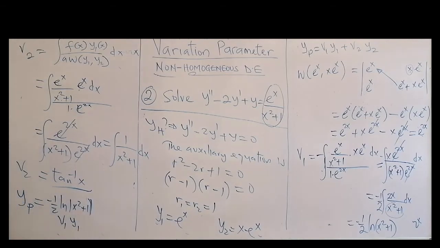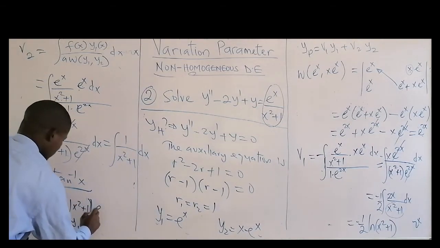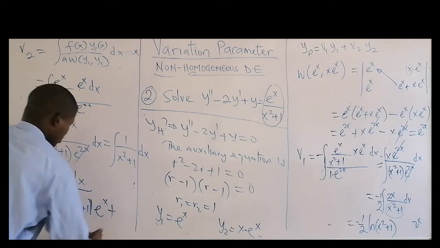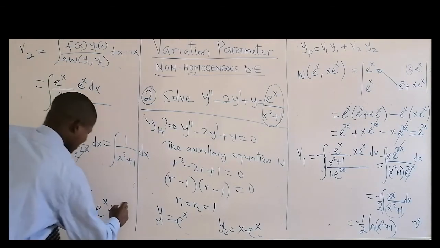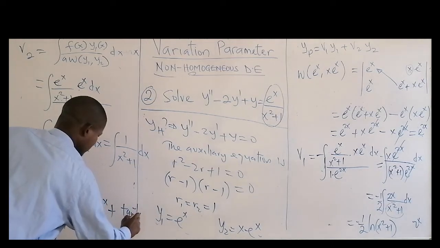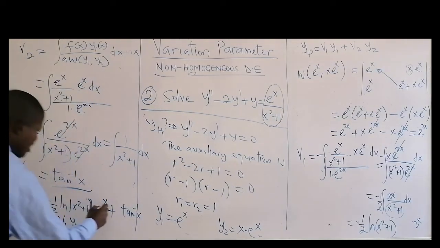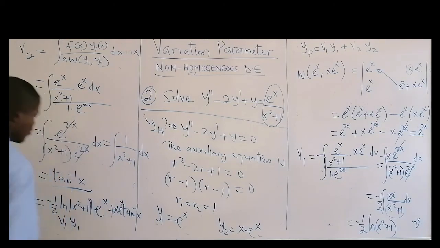My y1 is e^x, times e^x. So if you like, you can bring it here. I will do the arrangements, then plus v2, which is arctan x, times y2. Y2 is x e^x.